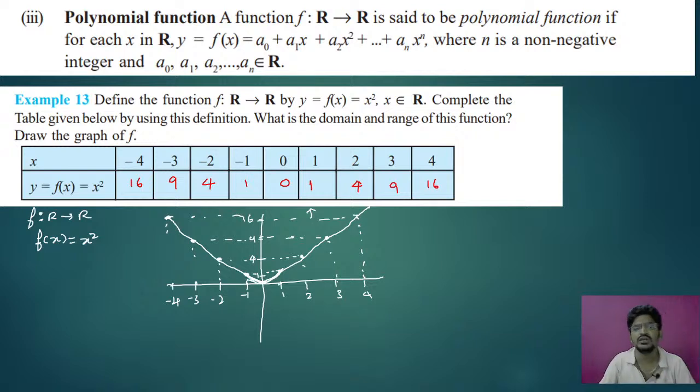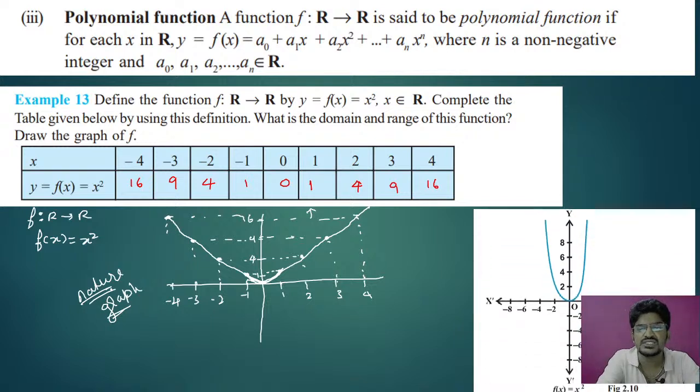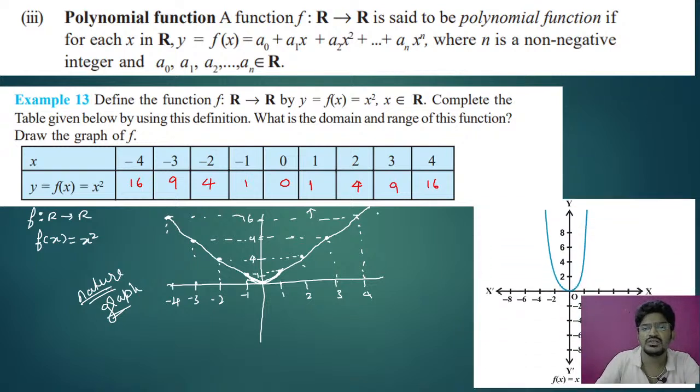So this will be the nature of the graph. Both are going to be similar. This is a rough diagram that I have drawn.